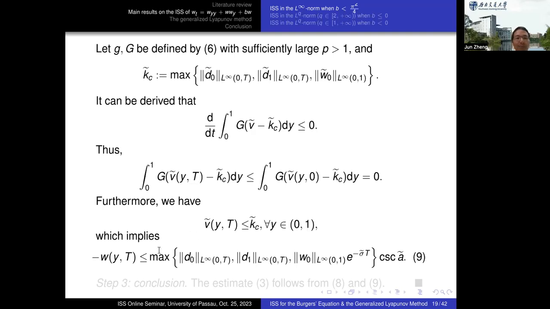That is to say, W has a lower bound, which is determined by the maximum of these 3 terms. So by combining the upper bound and the lower bound, we can obtain the global bound of the solution. That is to say, we can prove the system is ISS in the spatial infinite norms when B is strictly less than pi squared over 4.